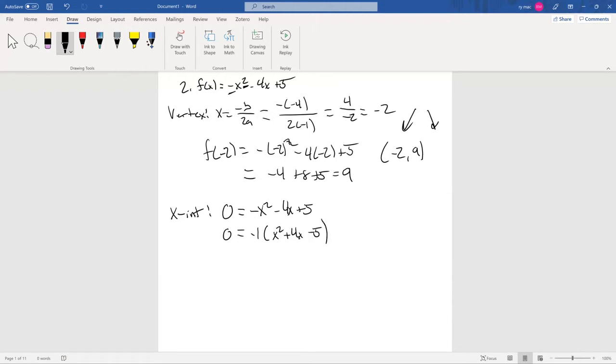And then what's this? If you can't see it right away, you can do this thing on the side. So we're looking for a number that multiplies to -5 and adds to +4. Trying to think off the top of my head, that's going to be 5 and -1. So breaking it up, we get -1 times x squared plus 5x minus x minus 5.